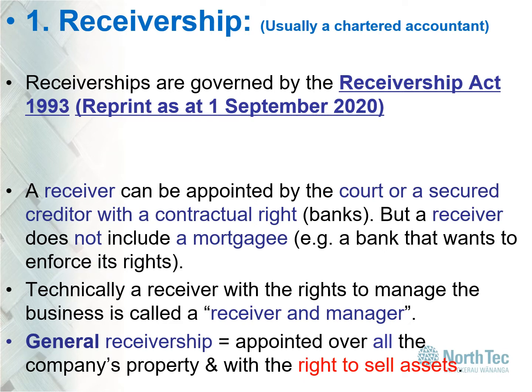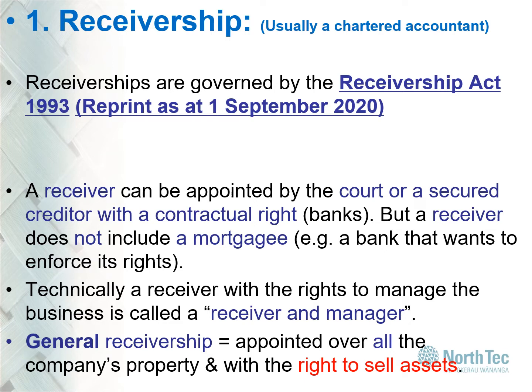In other words, we can't be the receiver ourselves as a bank. We have to appoint a receiver. Technically, if this person can also manage the business, he is supposed to be called a receiver and manager.